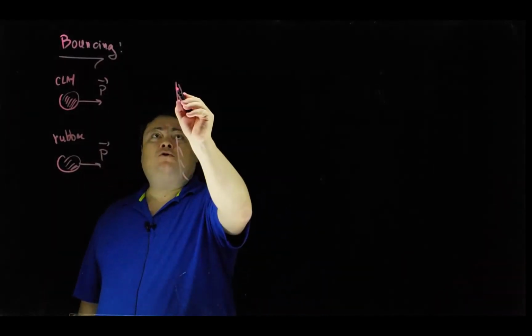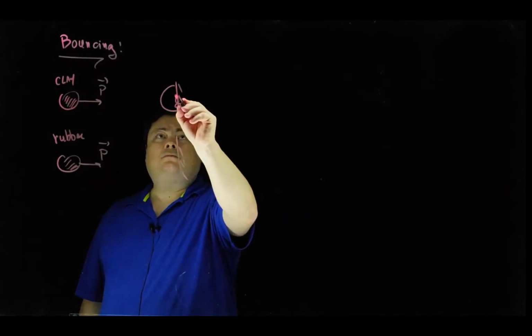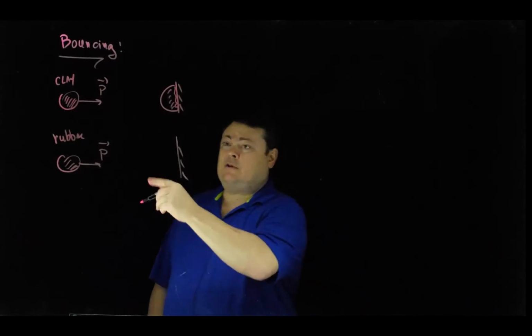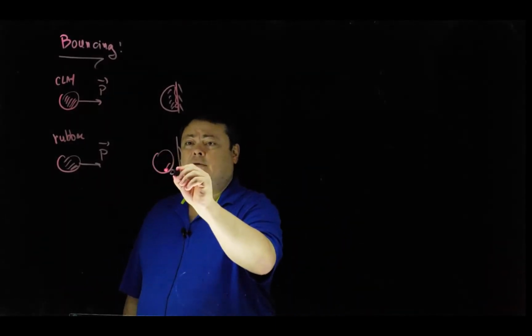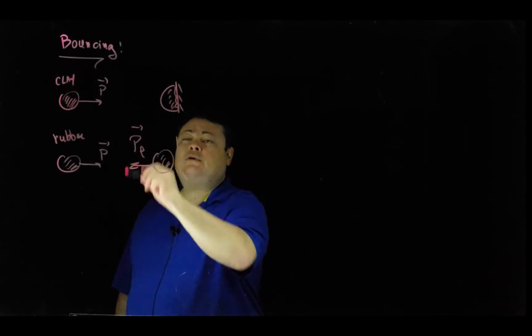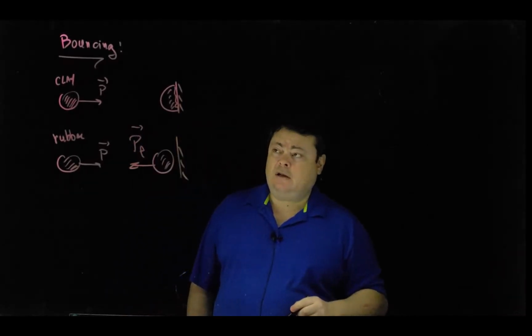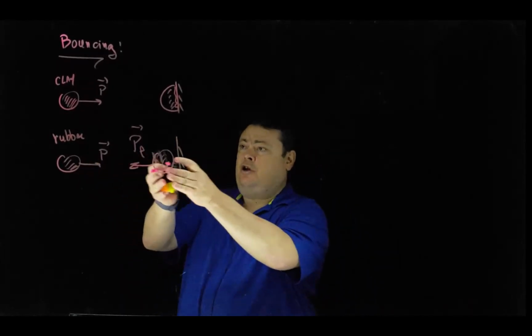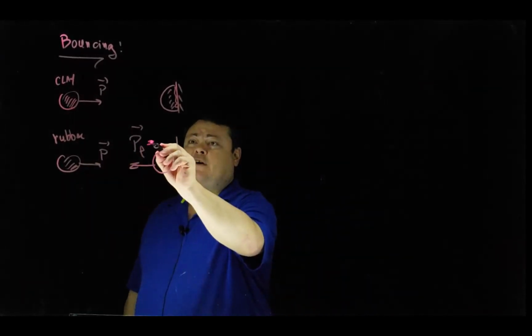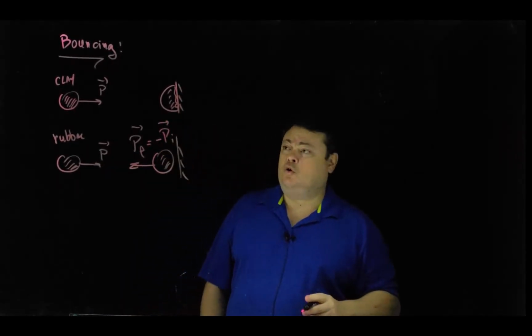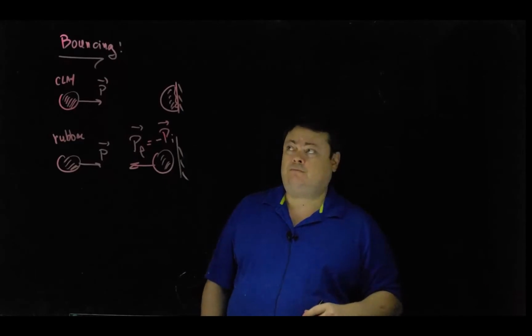The clay ball will just smash against it, whereas the rubber ball is going to bounce back with some final momentum. Let's assume, just for the sake of this conversation, that this collision is perfectly elastic and that the final momentum is equal to negative the initial momentum. So it just reverses direction.